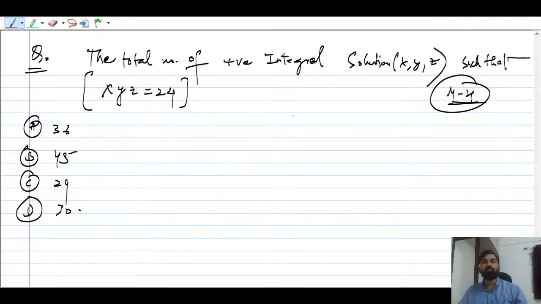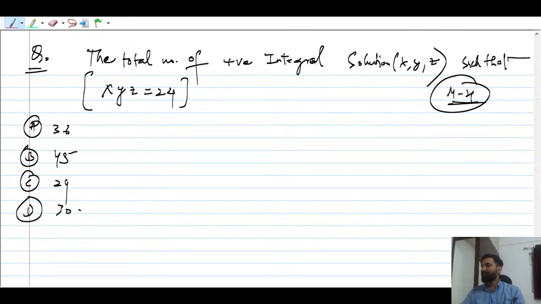So the total number of positive integral solutions x, y, z such that xyz is equal to 24, with options 36, 45, 24, 30. What is the answer here? Can somebody tell me? If you start making the cases, it will take 2-3 days, but you have only 3 hours, and in 3 hours you have to solve 65 questions.